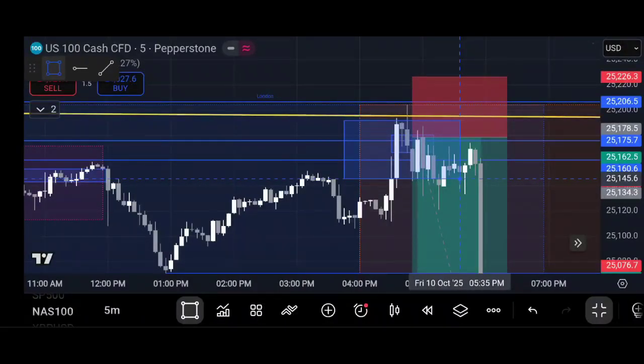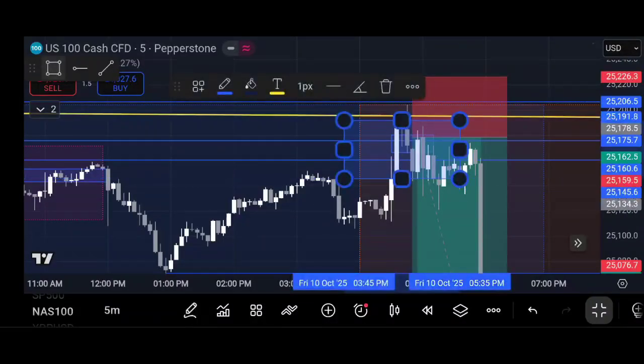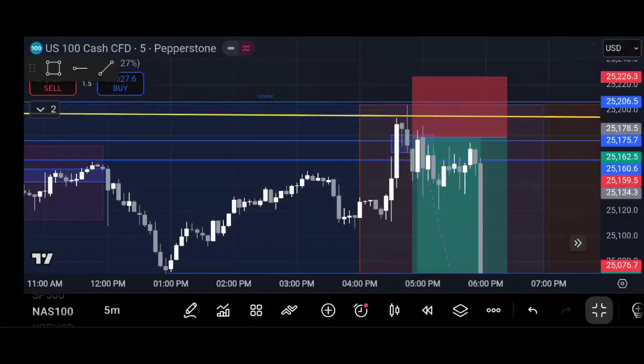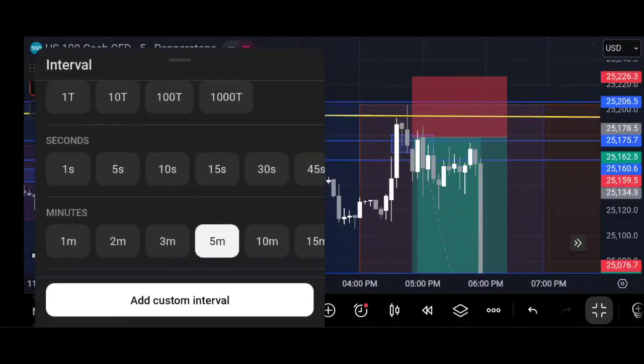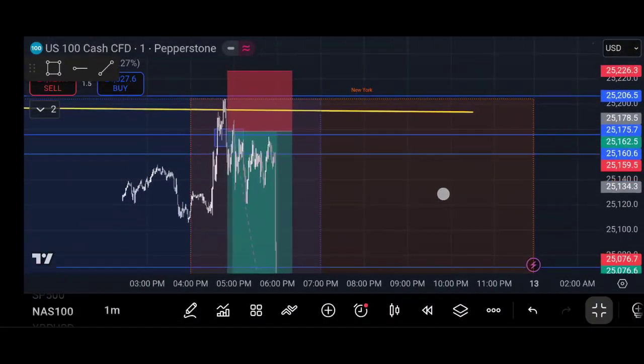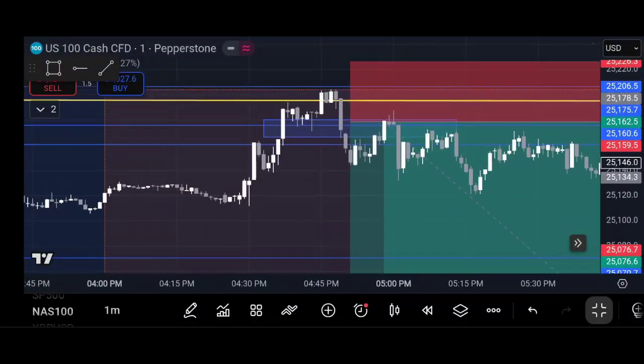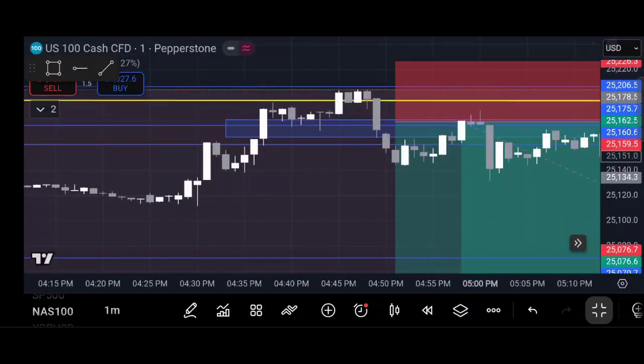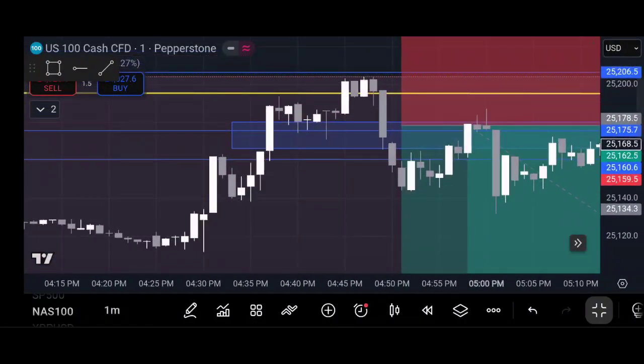When our market took those draws on liquidity, we scale down to the 1 minute time frame. In the 1 minute time frame, you can see an FVG on this big bullish candle that took our draws on liquidity.